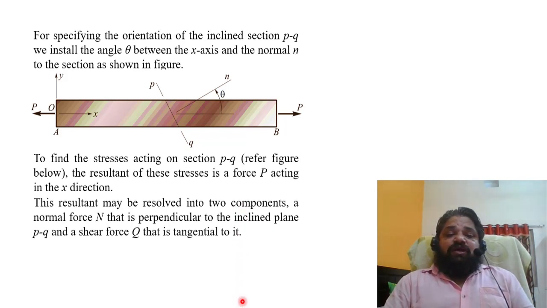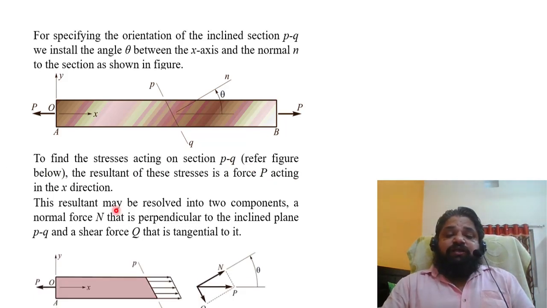Now how do we find the normal stress, or the stress on that body, on an inclined plane? To find the stresses on this section PQ, refer to the figure shown below. In the earlier case it was a straight line; now instead of a straight line we have an inclined line, and the force P acting at this point will have two components, one normal component and one shear component.